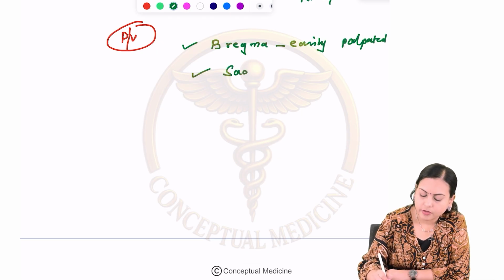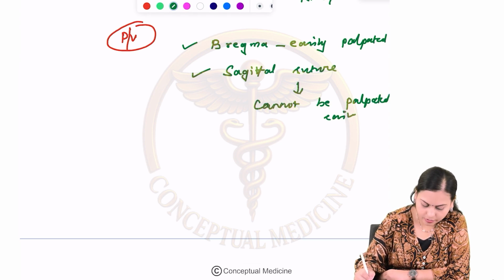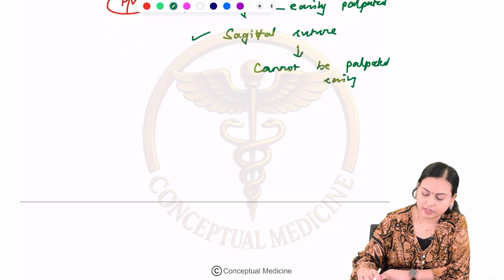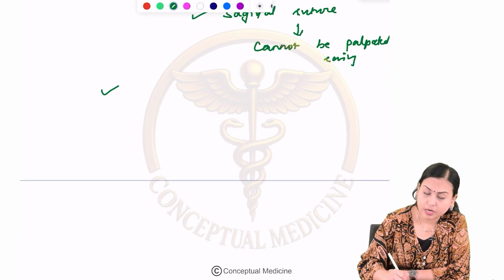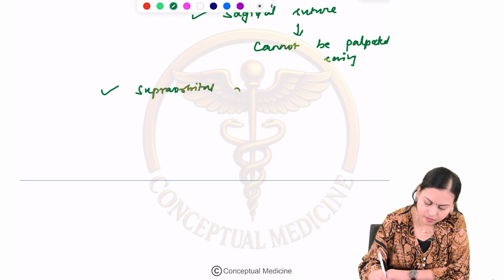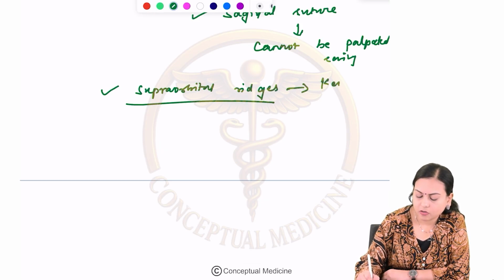Number two, the sagittal suture cannot be palpated easily. Number three, the supraorbital ridges can be identified easily, and this will be the key to diagnosis for brow presentation.